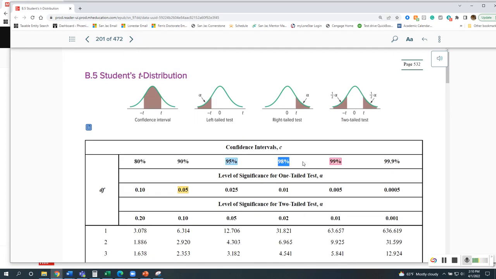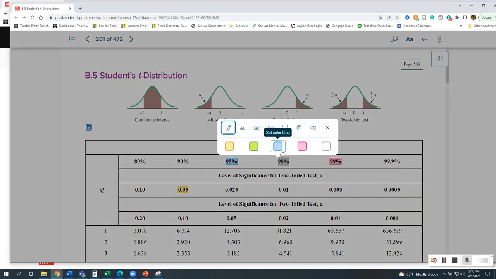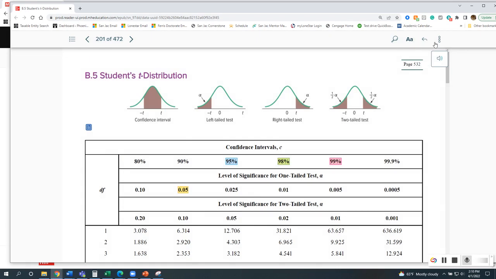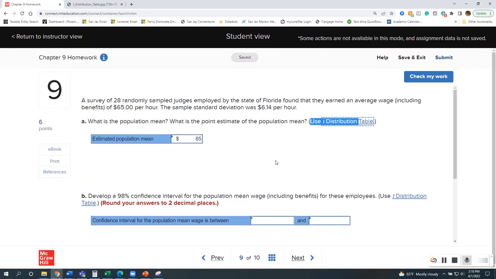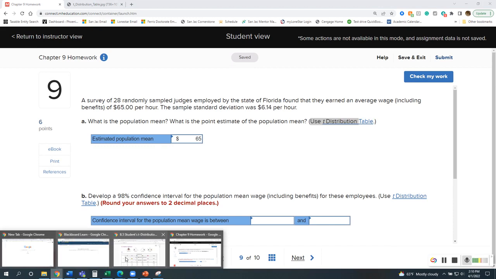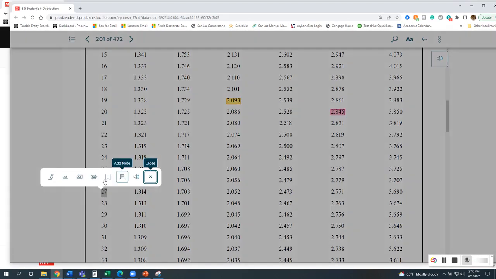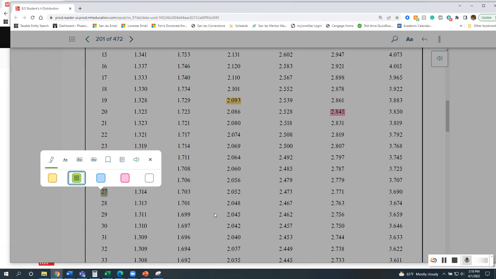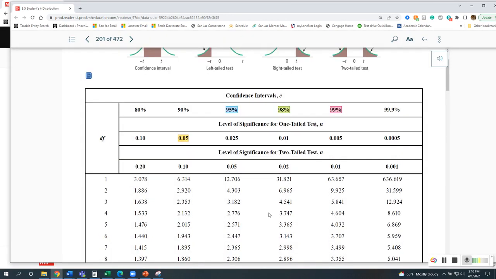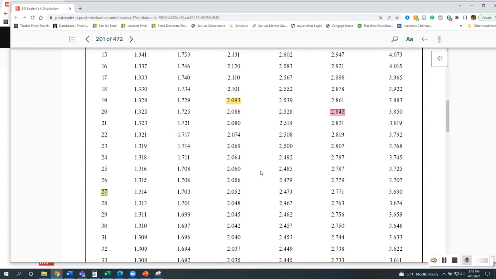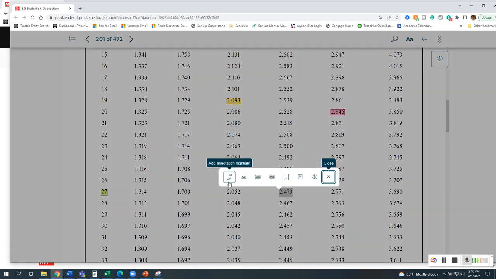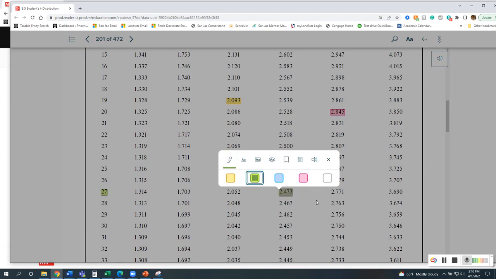T distribution, and we have 98%. Okay, and then our sample size was 28, so that means on this, the degrees of freedom is going to be 27. Okay, so 27. And 98% was 1, 2, 3, 4. So that's the fourth. Right here, it's going to be 2.473. Okay.